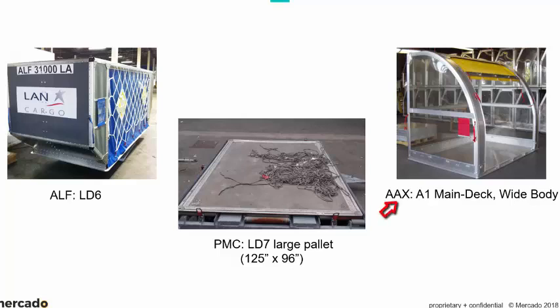Finally, on the right-hand side, we see an AAX and A1 main deck wide body ULD. Clearly transparent, also clearly contoured to the fuselage of the aircraft, and when loaded on board a cargo aircraft, pushed across the rollers into the aircraft, there will be another ULD on the left-hand side because they butt up in the middle and make the most use of the space in the particular aircraft.